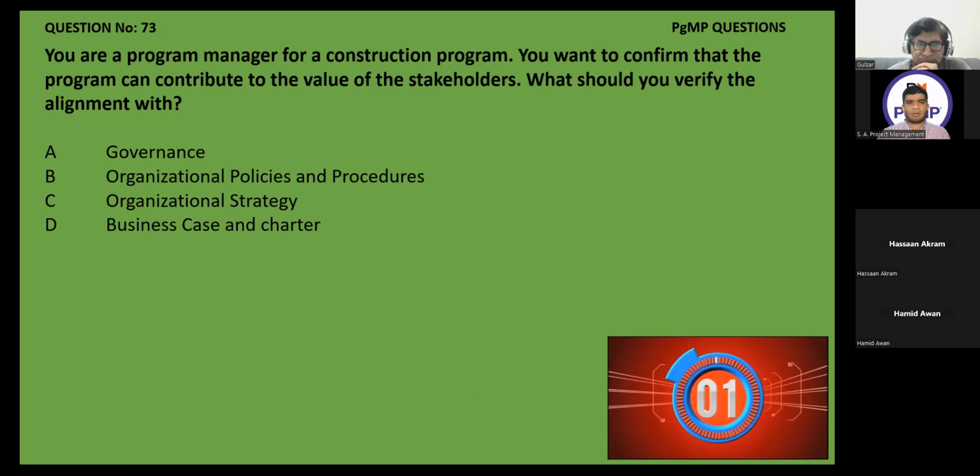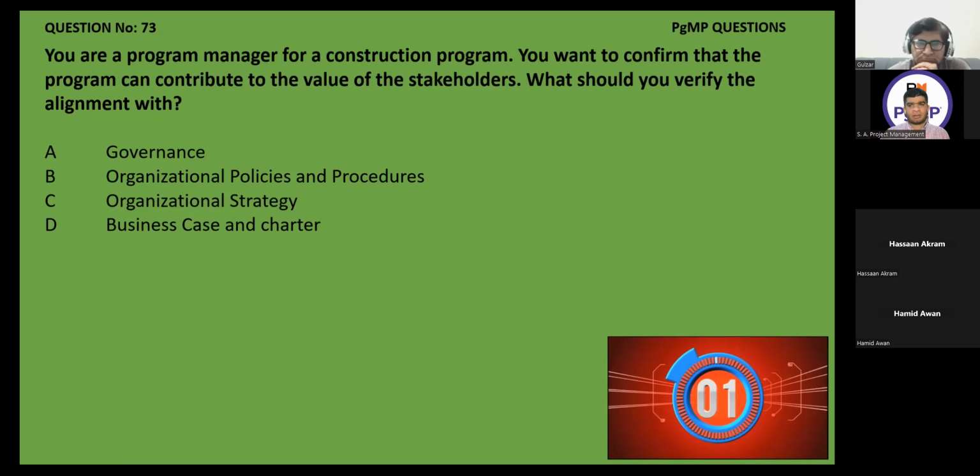To start with, governance, I think I will eliminate this, and organizational policies and procedures, this is under it. Right. Okay, A and B are out. So C and D. I think business case and charter.